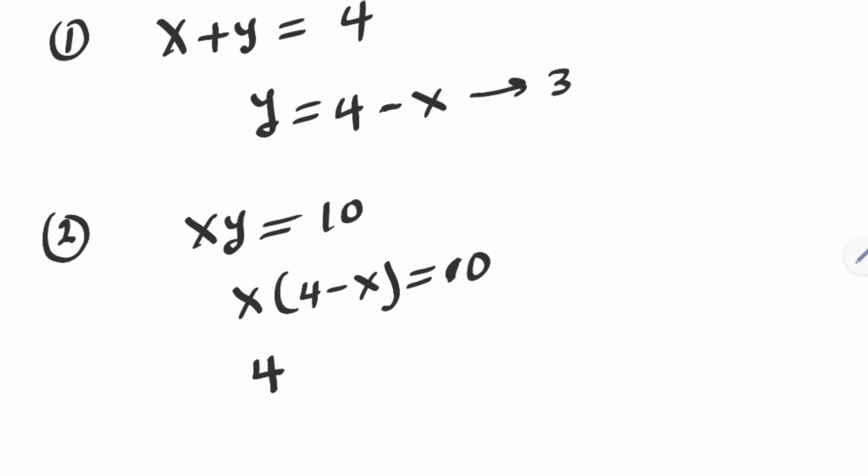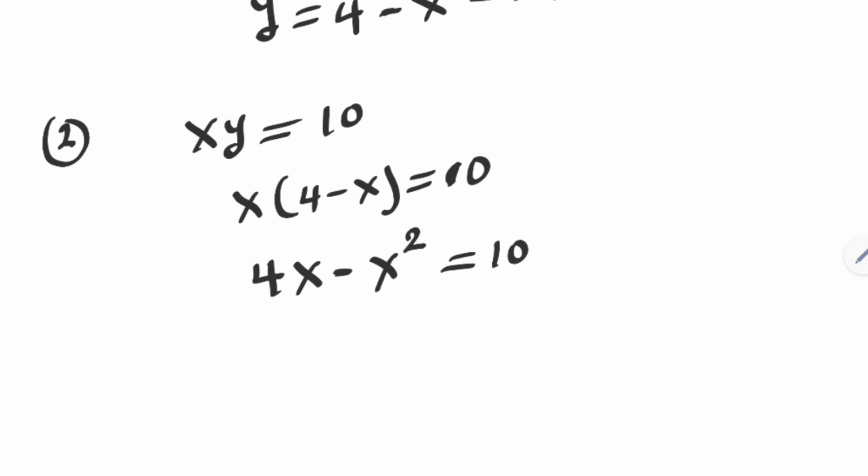That is 4x minus x multiplied by x. That is x squared is equal to 10. 4x minus x squared minus 10 is equal to 0.